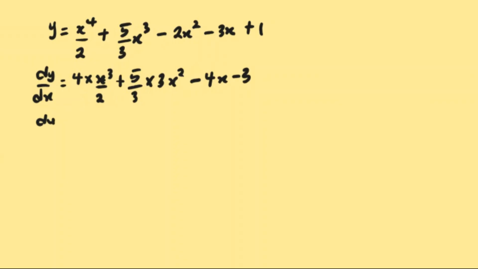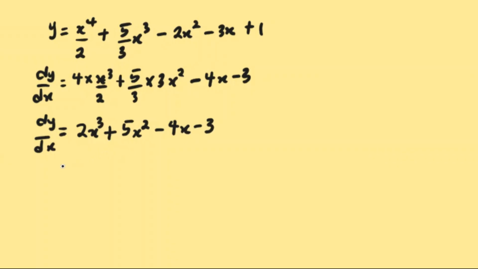Therefore, we have dy/dx now equal to 2, because 2 in 4 gives us 2. 2 times x raised to the power of 3 gives us 2x raised to the power of 3, plus 5x squared, since 3 will cancel 3, minus 4x, minus 3.